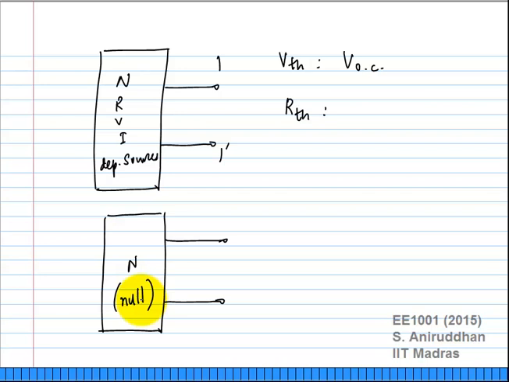If I give you two terminals and I tell you I want to find the resistance across it, what would be the obvious way of doing this? Okay, apply a voltage and measure the current, right?